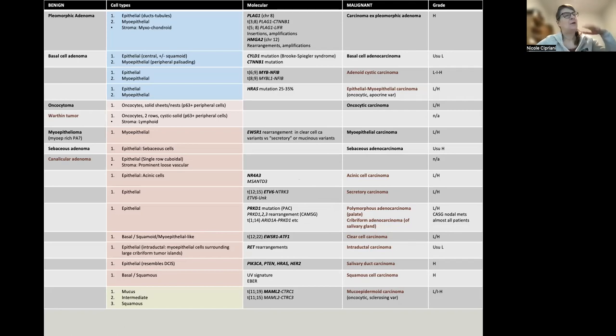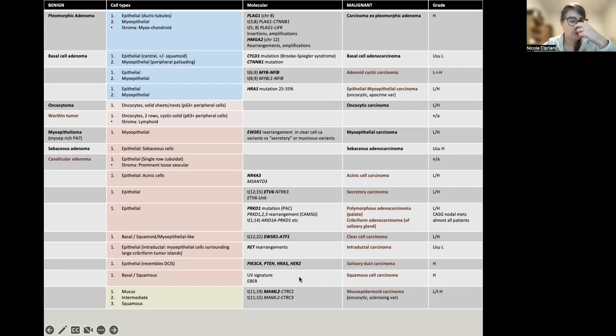Once I get the hang of it, I'll stop doing the genetics because it's a waste of money, and make the diagnosis based on morphology and immunostains once I achieve a level of comfort. So those are the various reasons we do molecular testing, but more often than not, these are histologic diagnoses that we don't pursue molecular testing for because it's not going to add much information beyond that.